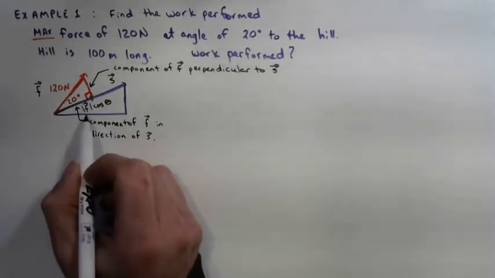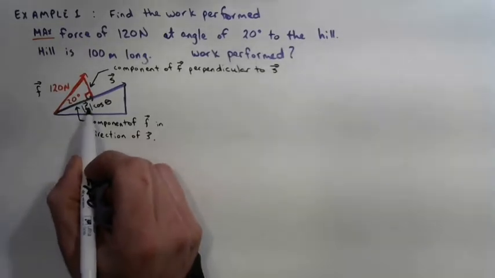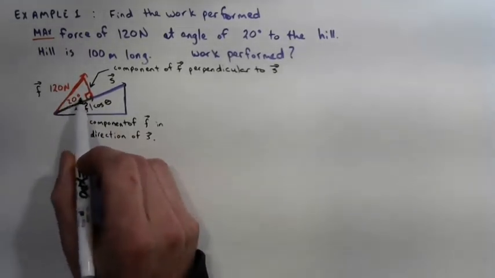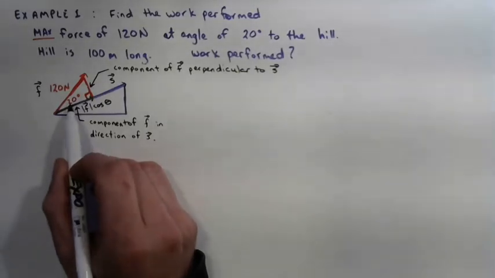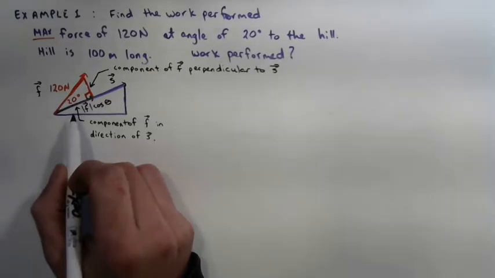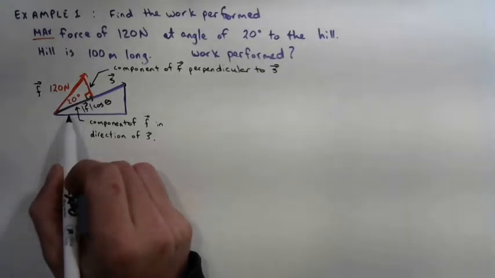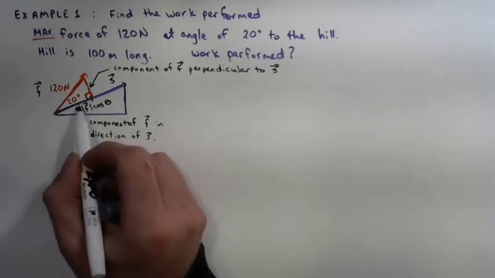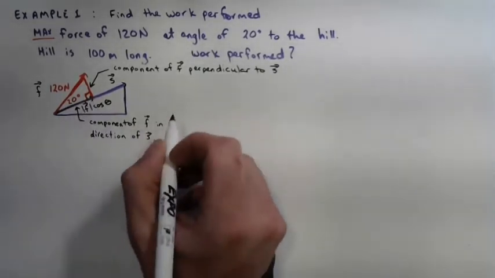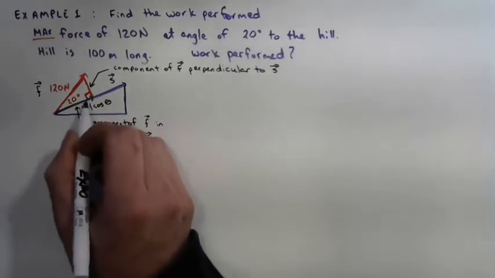All right? And we know in this case the magnitude of F is 120, and we know that theta is 20 degrees. All right? And so let's go from this triangle. We already know what this component is going to be. So let's solve this length first.